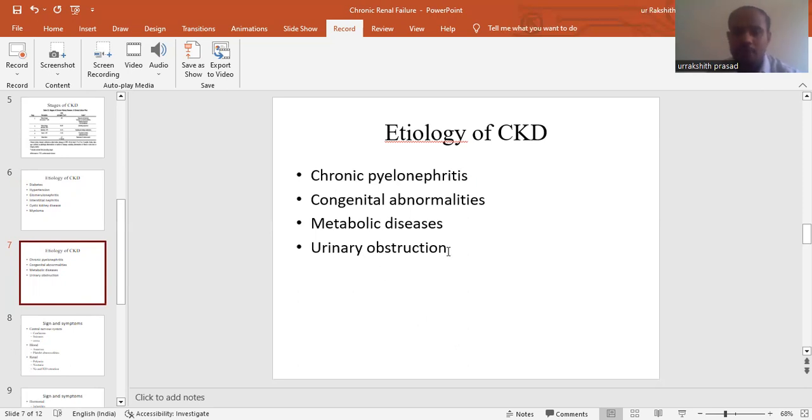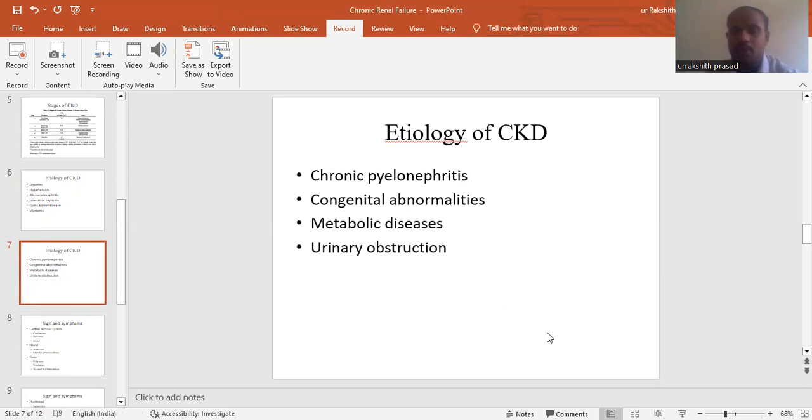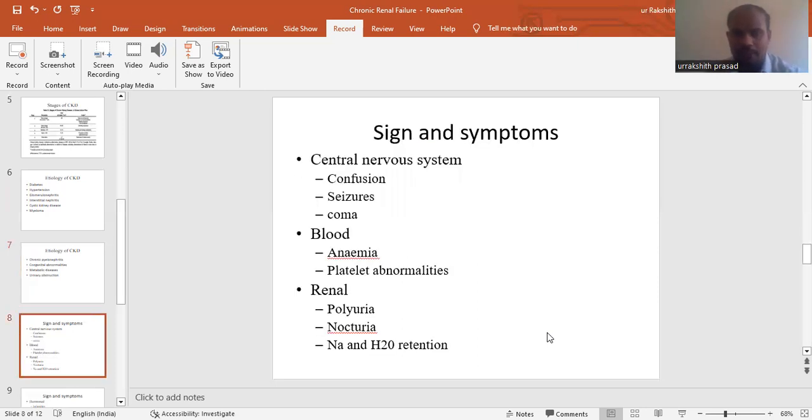And the last part is urinary obstruction. Urinary obstruction means the urine cannot move out from the bladder. There is an obstruction whenever we pass urine, either a blockage, a formation of stones, or compression of the urinary tract. So these are the different reasons for chronic kidney disease.